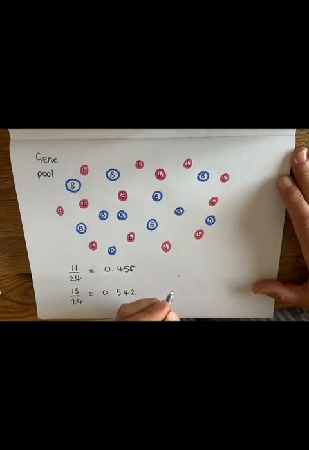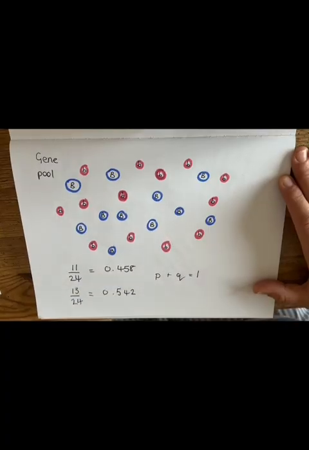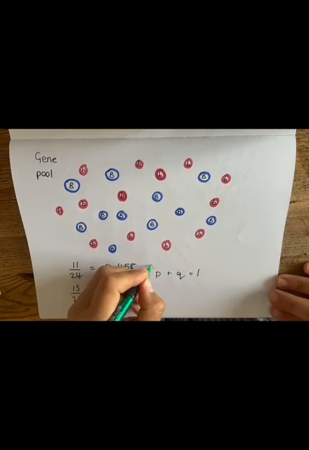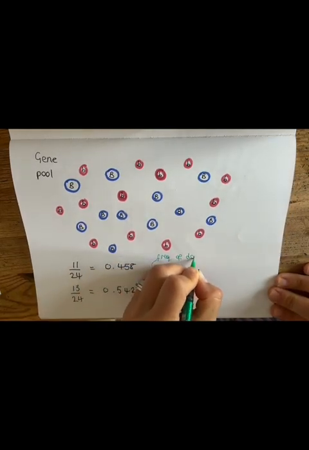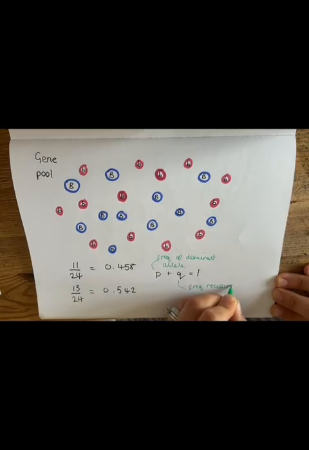Now this links to the first equation where we can say p plus q equals 1. In this equation, we have p being the frequency of the dominant allele, and crucially that is the allele, and q is the frequency of the recessive allele.